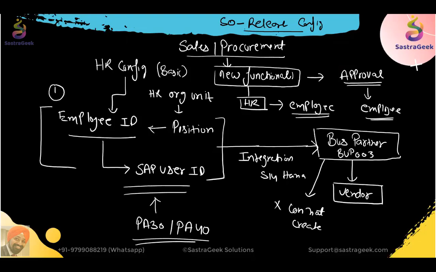Earlier we were covering this part in procurement because sales was not much impacted by this interlinkage. Now sales is also impacted, so I'm covering this session here itself. This linkage of your HR configuration with employee ID and then business partner. The same thing we need to also do when we go into the procurement side. Any questions here before we proceed ahead?